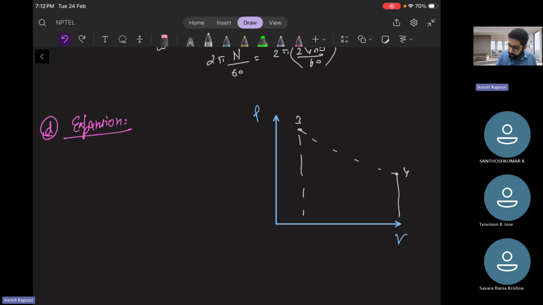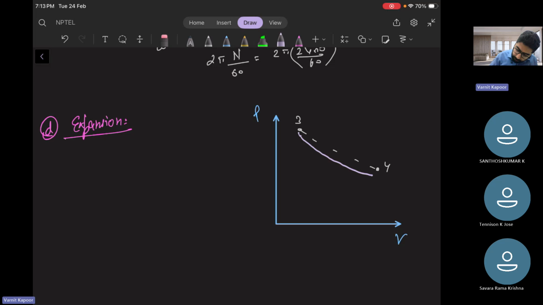Let us make it till here only. The area under the graph for this process is this much. But in the actual scenario, the work produced will be a bit lesser.